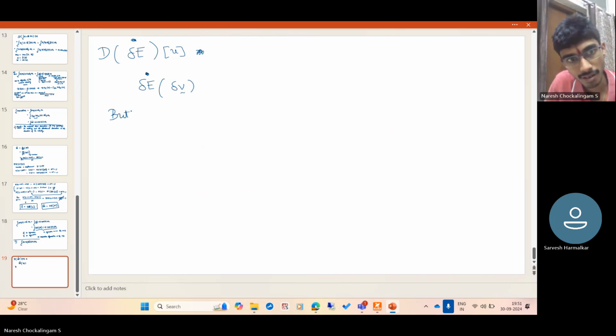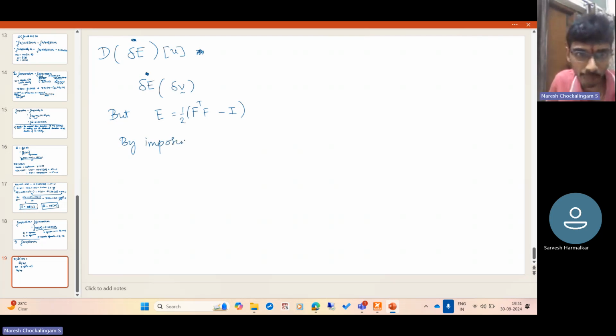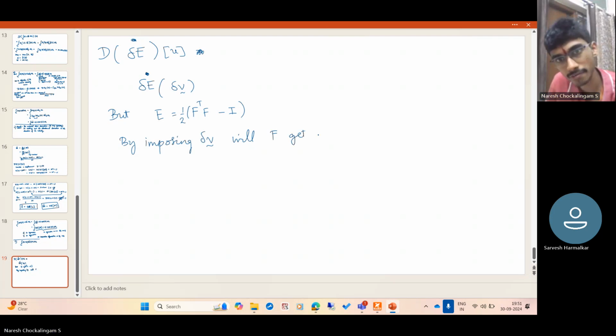But you know that E is something like half of F transpose F minus I. So by imposing the velocity field V, will F get affected? Is there an F associated with this del V?